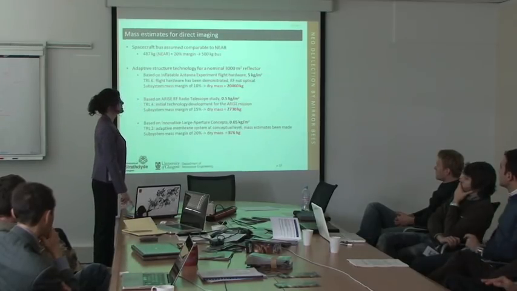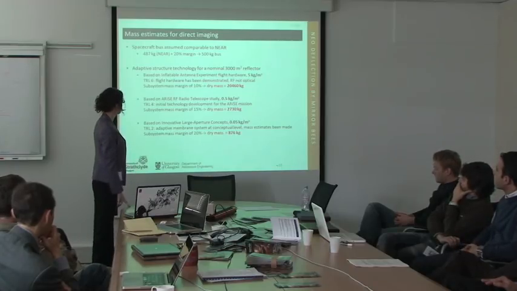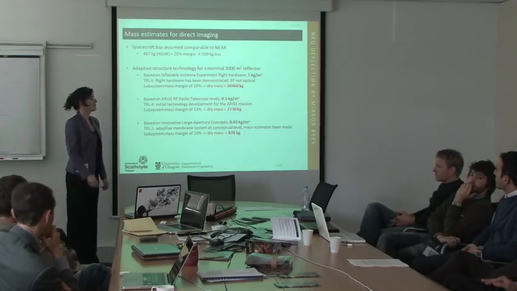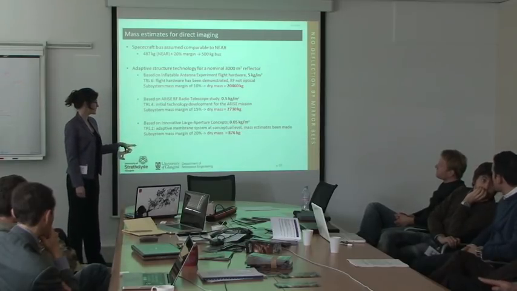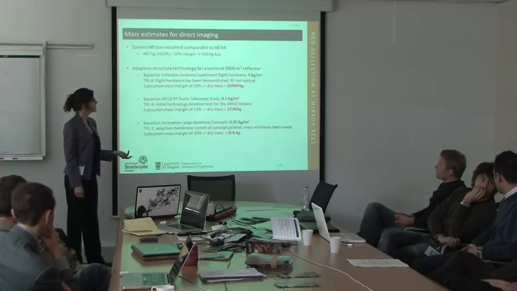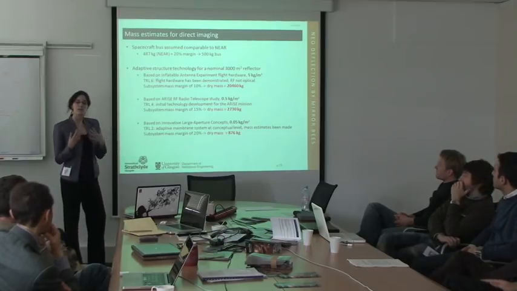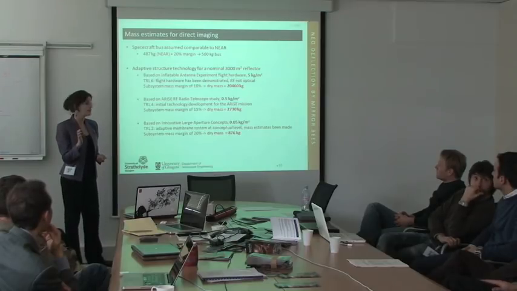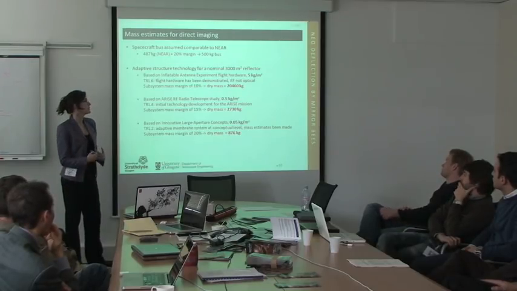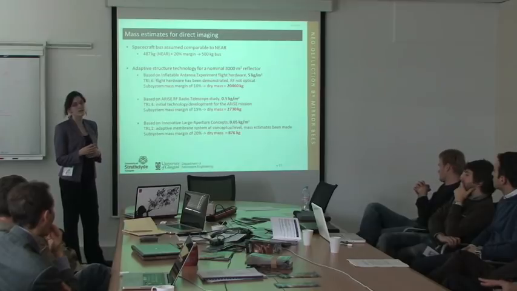We also did mass estimates for both the direct imaging and the laser option, based on current technologies and predicted technologies, so TRLs of 2, 4, and 6, and then various margins accordingly. We sized the reflector for the adaptable mirror. We assumed a nominal size of 3,000 square meters.